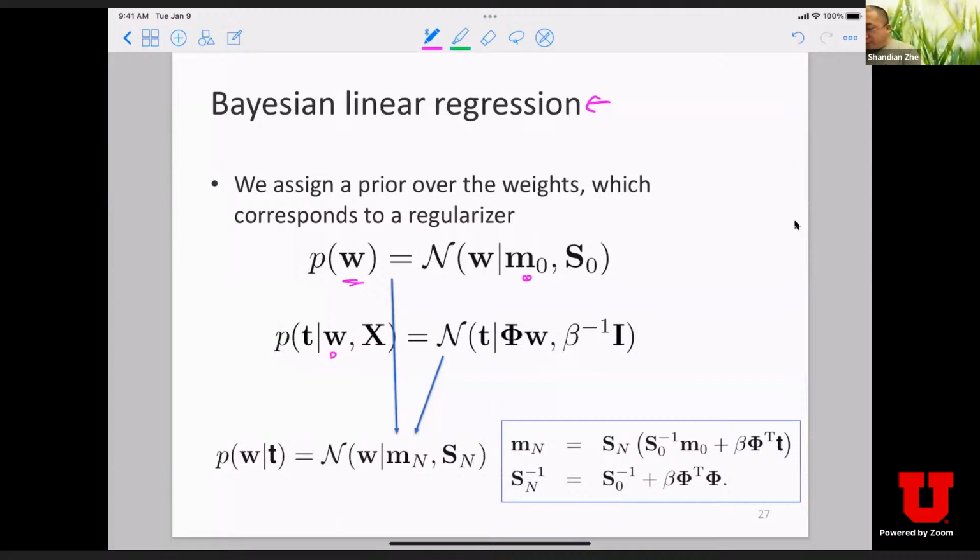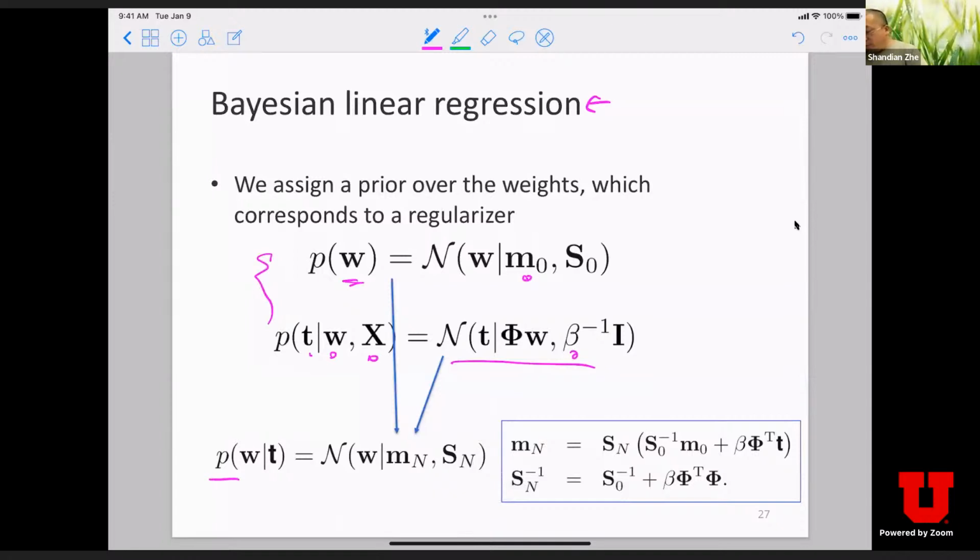Then given W and the observed training inputs X, we sample the observed training output T through another Gaussian likelihood. Phi, again, is the design matrix and W is our weight vector, and we denote the inverse variance of the Gaussian likelihood by beta. Because the prior is Gaussian and the likelihood is Gaussian, it is straightforward to derive that the posterior of the weight vector, P of W given T, is also Gaussian.